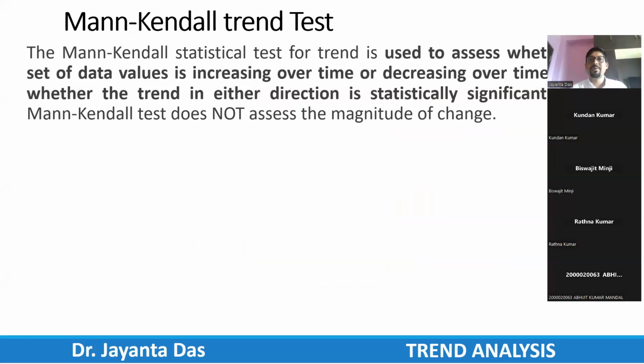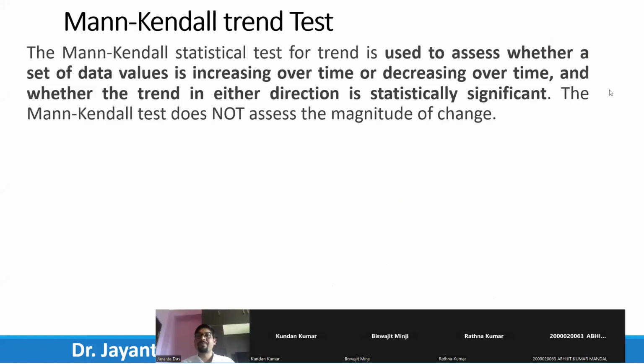We all know it's the most popular method to detect trend in time series data. It is basically used to assess whether a set of data values is increasing or decreasing over time, and we have to check whether it is statistically significant or not. But remember, the Mann-Kendall test does not assess the magnitude of change.